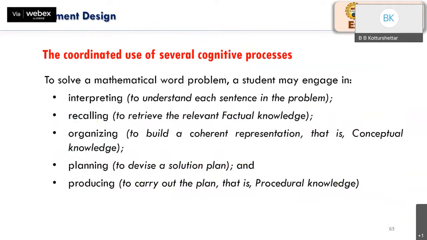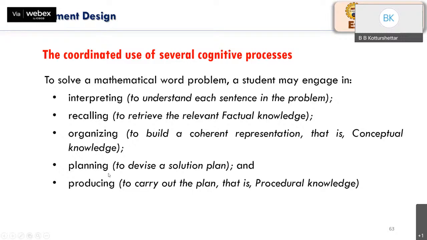And while designing the assessment, we should be aware that when we are asking a question for one level, in the process, we will be testing the student for more than one levels. But we should be knowing as to what is the highest level we are testing the student for. Say, for example, to solve a mathematical word problem, there may be one problem, and of these, the highest level may be, say, planning.